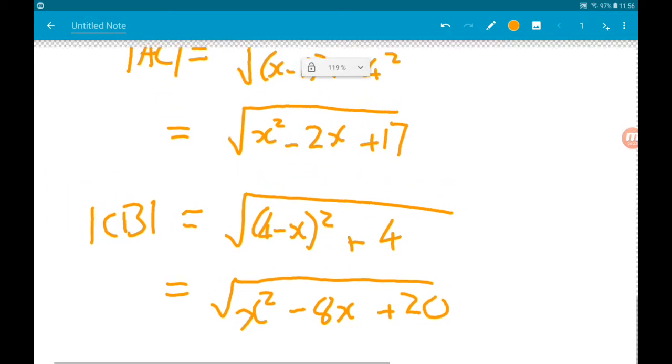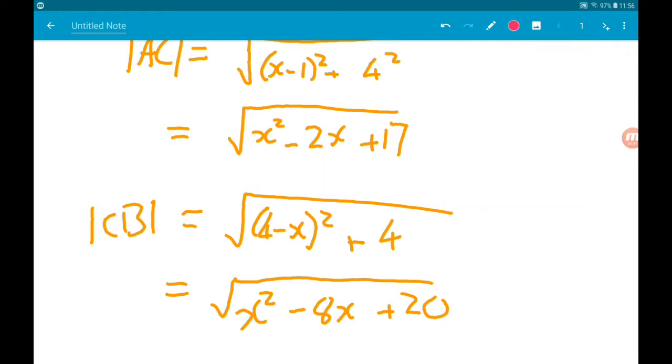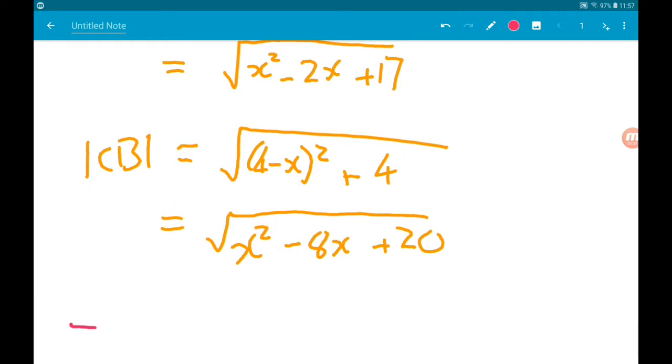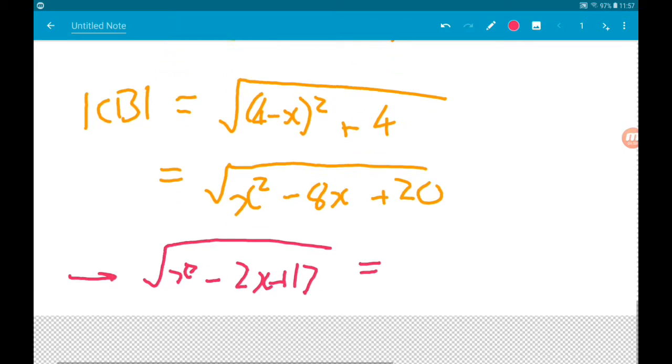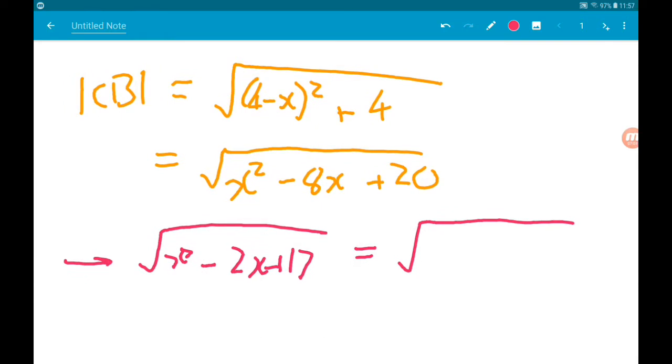Now we know that the lines AC and BC have the same length, so we can now say that the square root of x squared minus 2x add 17 is equal to the square root of x squared minus 8x add 20.